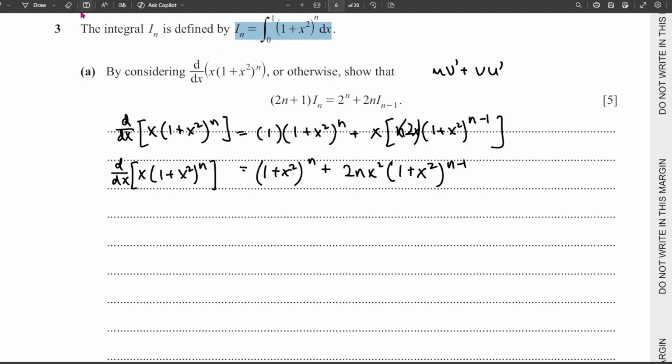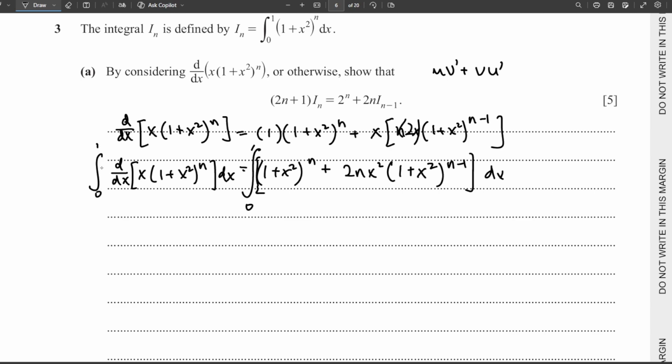Whatever is in here is the same as the integrand of I_n. So we can integrate both sides from 0 to 1, integrating in terms of x.